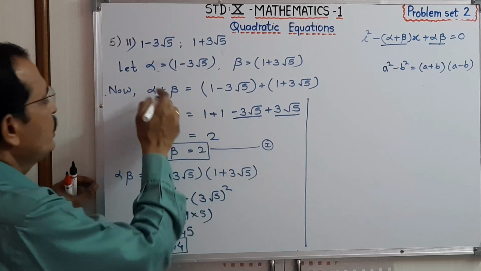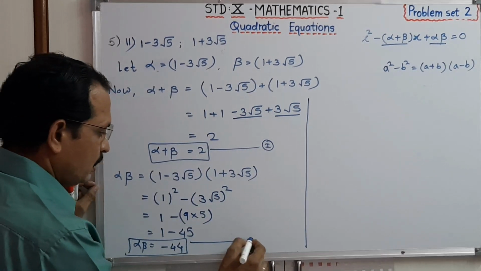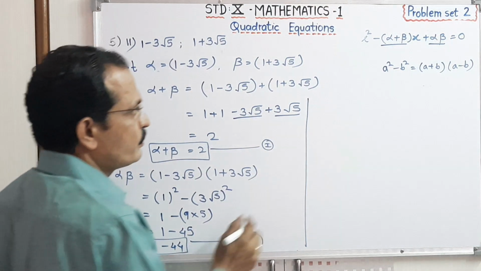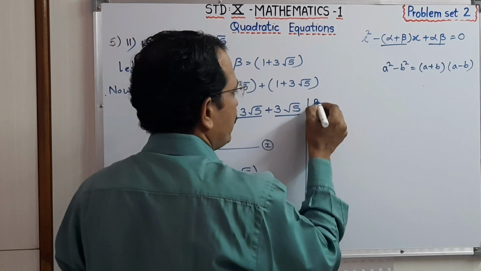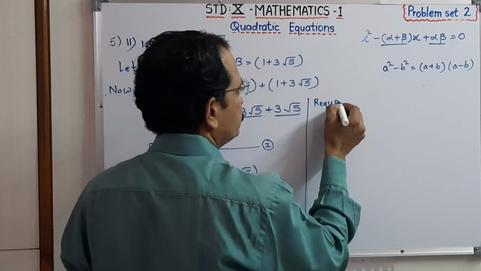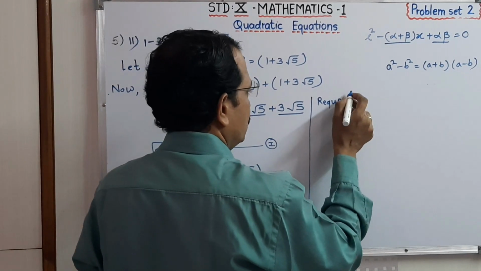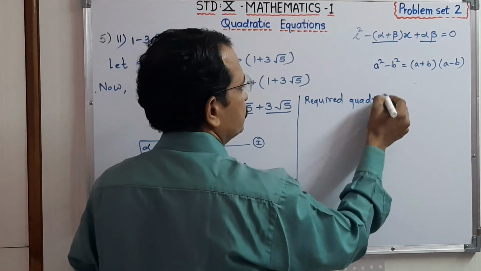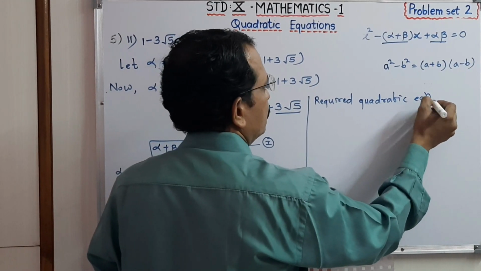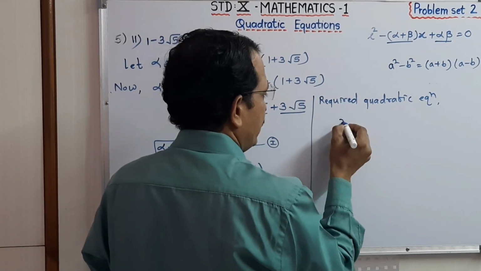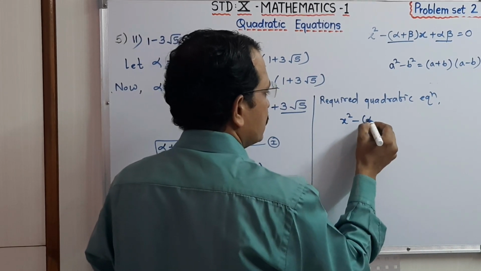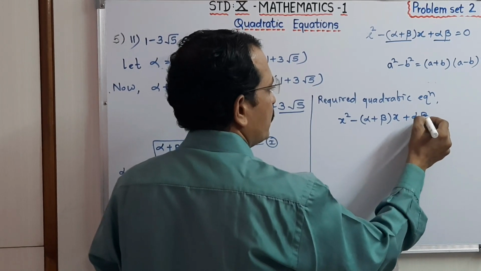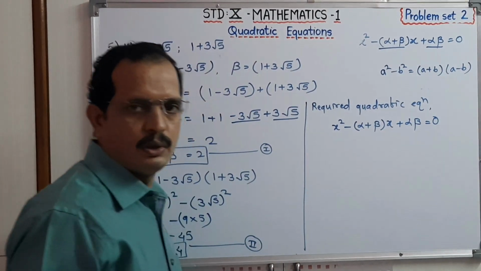Now we know alpha plus beta is 2, alpha into beta is minus 44. Therefore now the required quadratic equation. Here it is x square minus (alpha plus beta) x plus alpha beta is equal to 0.